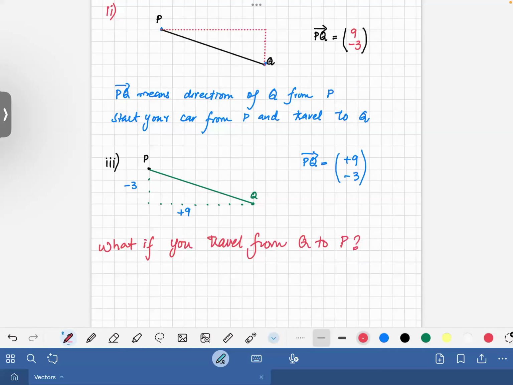Beta, PQ vector is 9 and -3, so QP vector would be the same digits but with changed signs only. Understood? So now check, if I start my car from Q, I have to go left first and then go up. So when I go left, I will be using minus sign, and when I go up, I will be using plus sign. Understood?